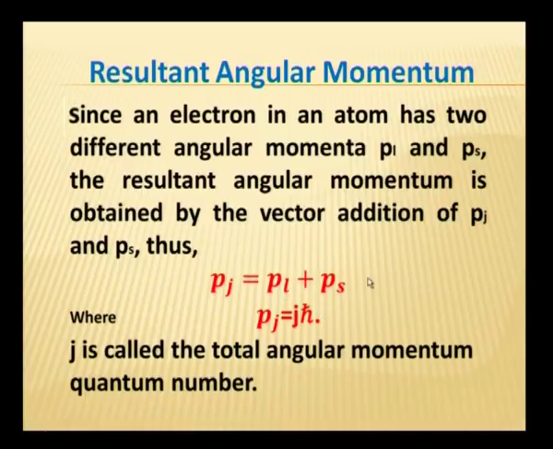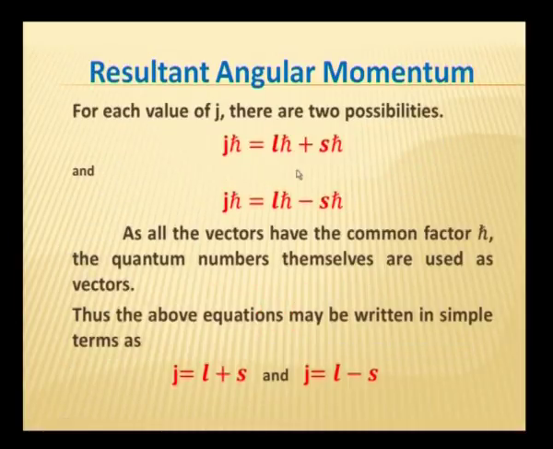If the vectors PL and PS are in the same direction, then they are to be added in this fashion. As I told you, S or mS will have two values, either spin up or spin down. So, depending upon the spin orientation, you can have either j h cross equal to L h cross plus S h cross, or j h cross will be L h cross minus S h cross.